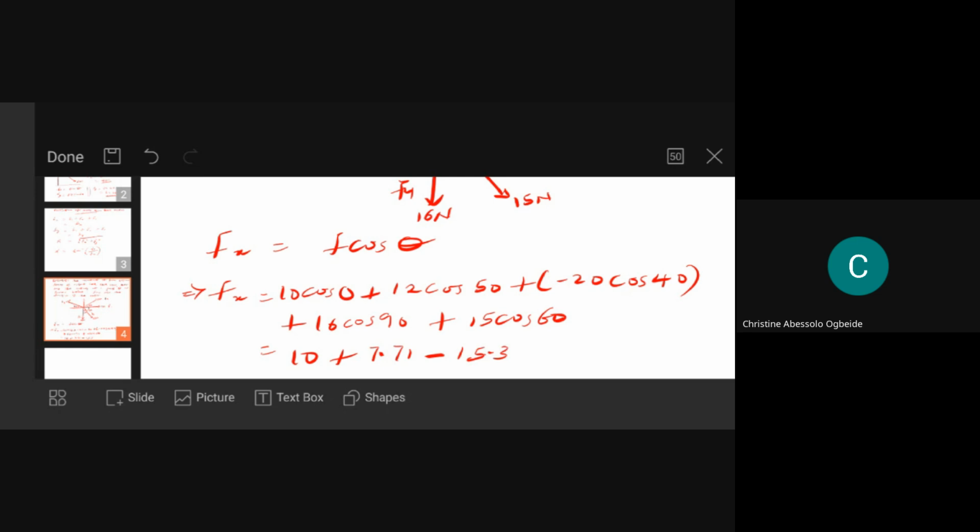Cos 90 is 0. So 16 times 0 is 0. So I have plus 0. Then plus cos 60 is 0.5. 0.5 times 15 is going to give me 7.5. So if I add up everything, 10 plus 7.71 minus 15.3 plus 0 plus 7.5, what would that give us?